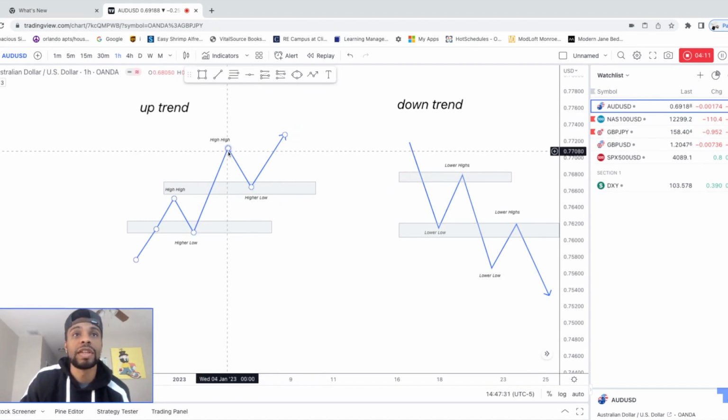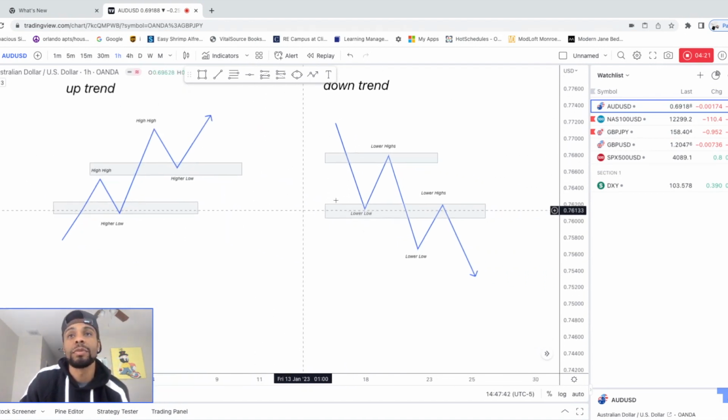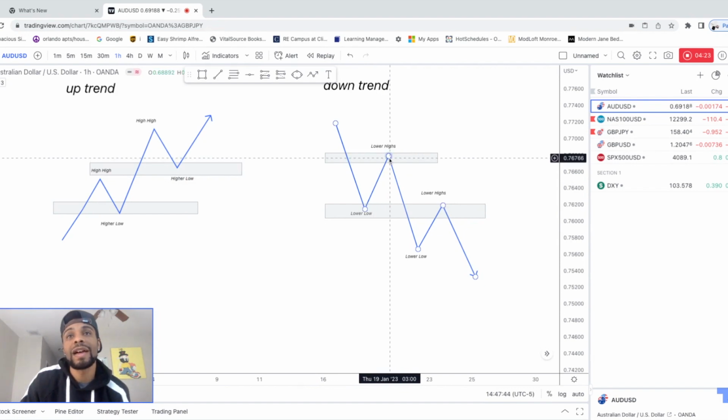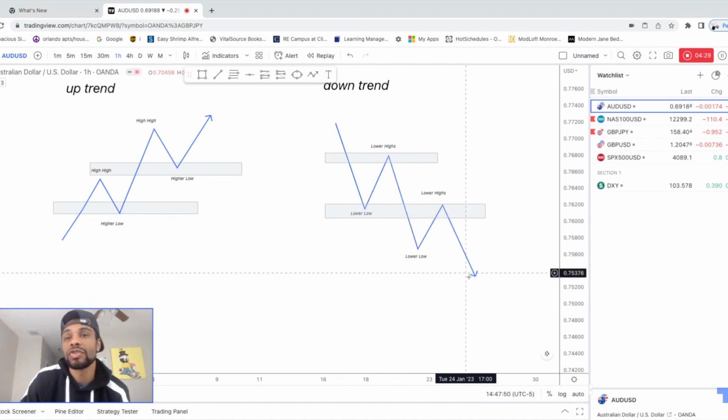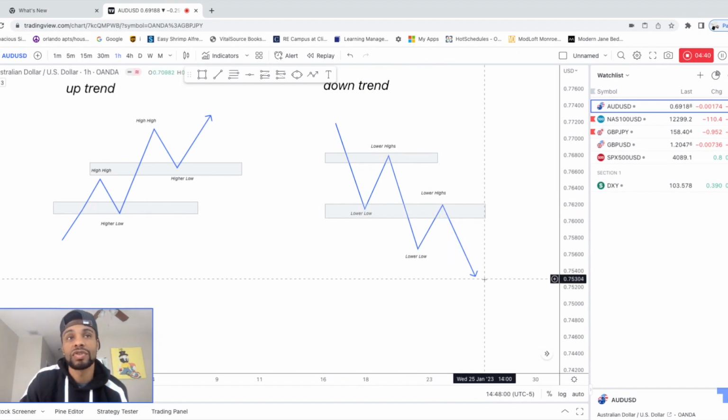Same thing here. It does not become a lower low until it passes the previous lower low, rejects the zone, and continues to the downside.